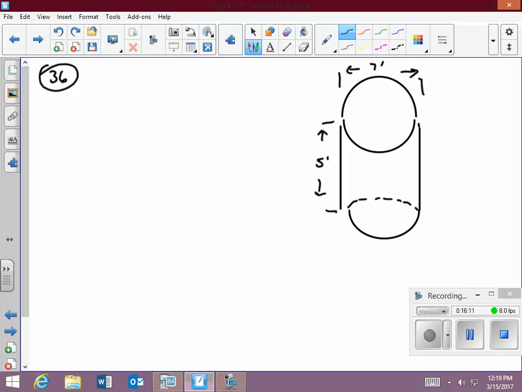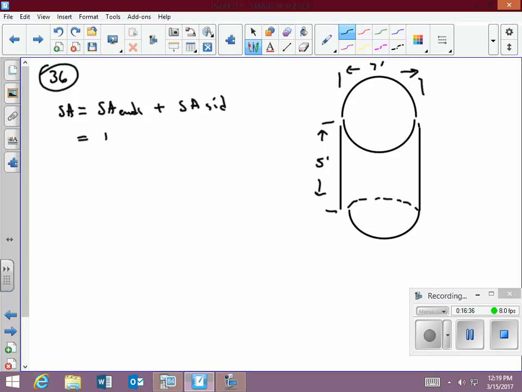So the surface area is going to be the surface area of the ends plus surface area of the side. Surface area of the end is pi times the radius squared.